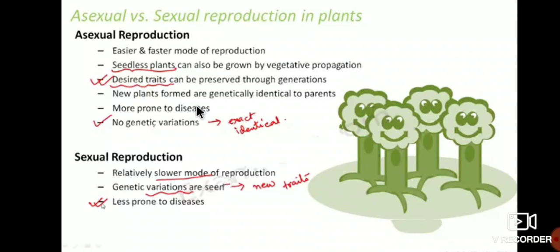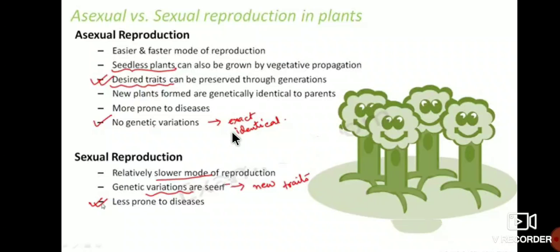So it is a very useful method for getting genetically identical plants, and that continues through the next generation also. There is no genetic variation; we are going to get exactly identical plants.